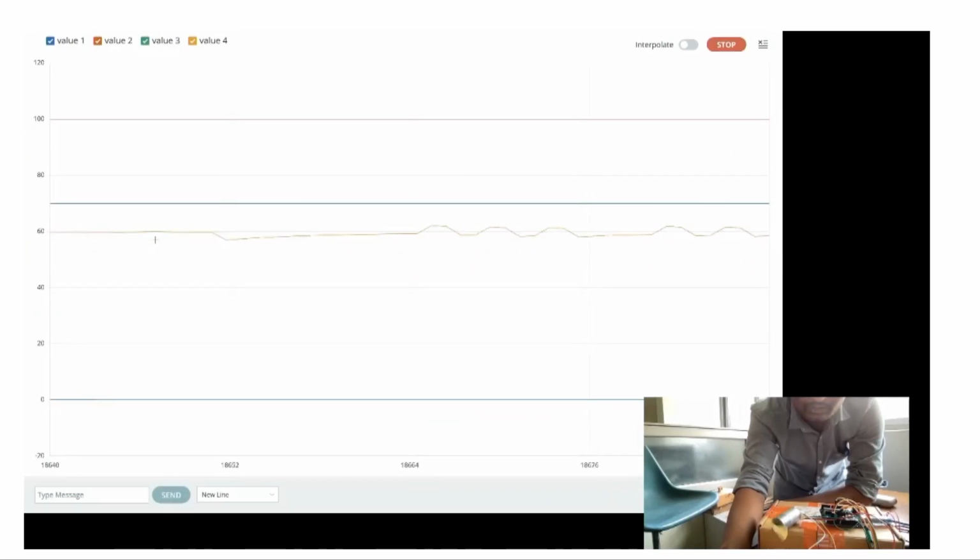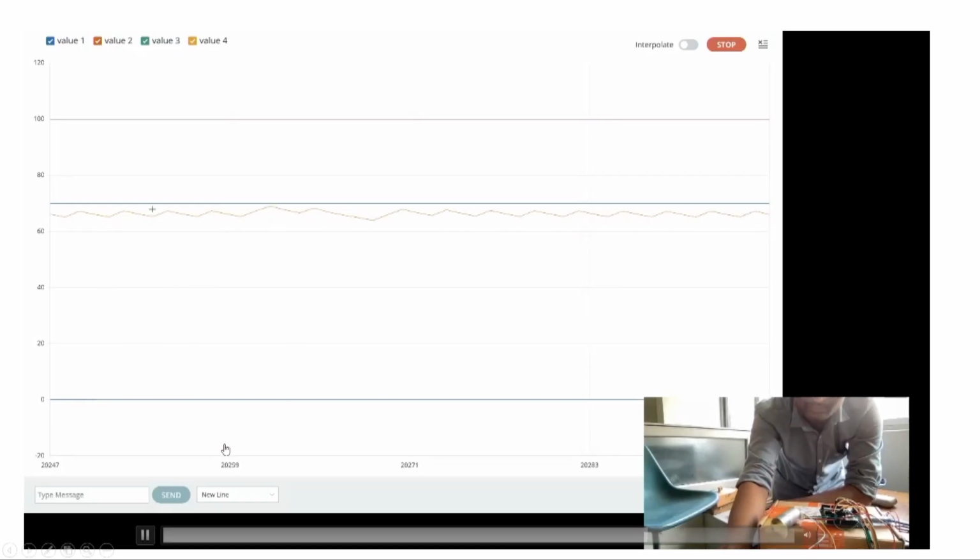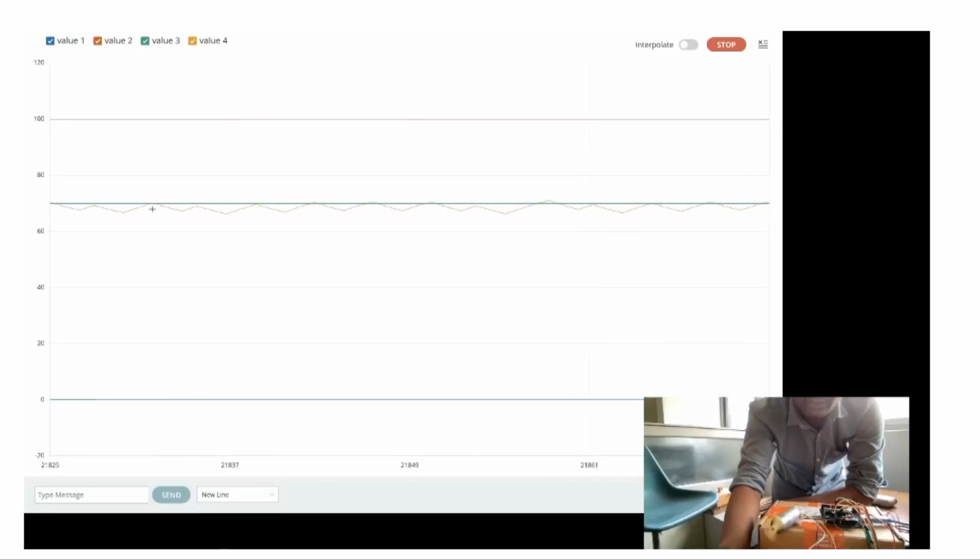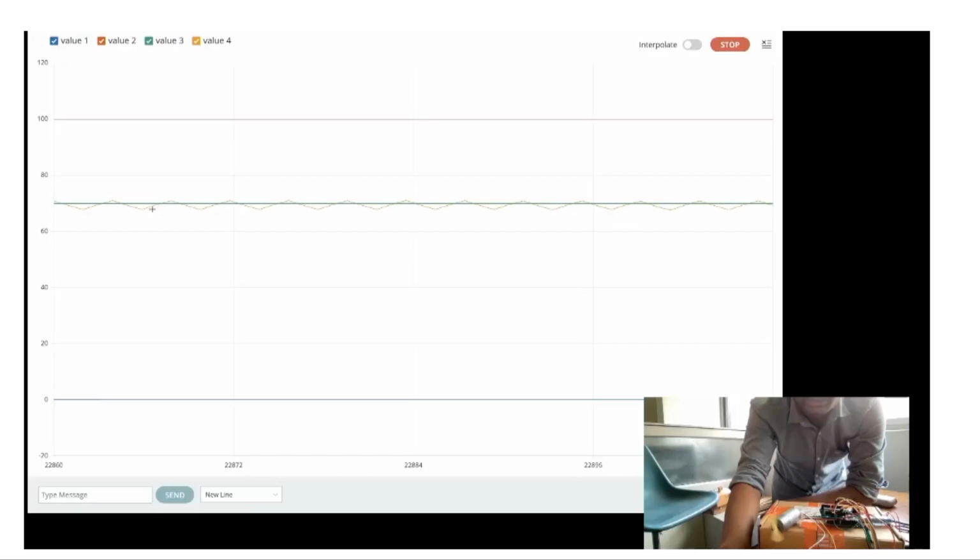The output now is going towards the reference, and gradually it goes to the reference signal. So the steady state error is 0, that is what I had already claimed, and that is what is happening. This is how we design controllers actually.